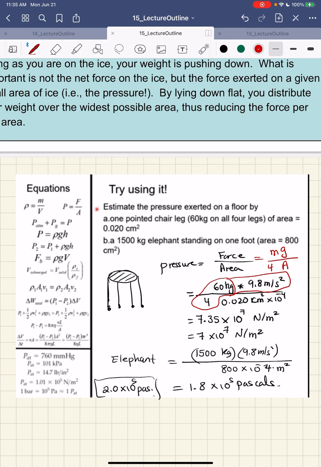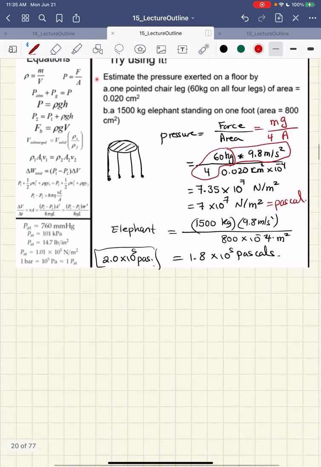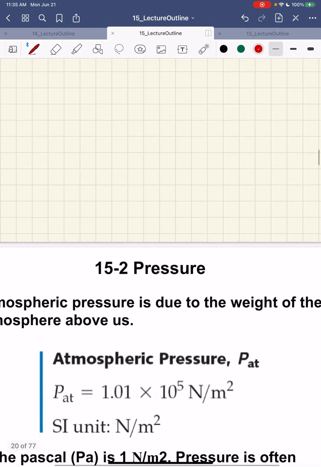And I want you to compare, I can say pascals here also, that the pressure in the case of the leg of the chair, the stool, was really more than the pressure.